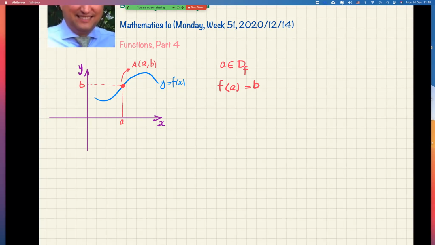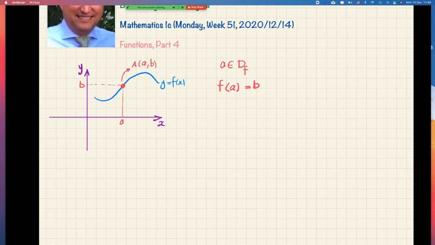So there was a point in the domain. When I chose that point and calculated the value of that function at that point, I got b. This is why this point was highlighted in the first place, because I told you that the graph of a function is nothing except all the highlighted points, yes?